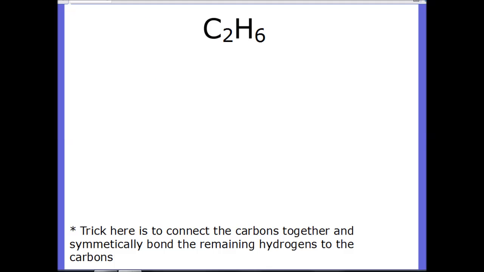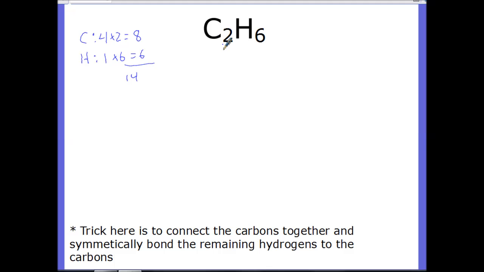So if we have C2H6, I'll pick blue, and let's count the valence electrons. Carbon has 4, and there's 2 of them. That gives me 8. Hydrogen has 1, but there are 6 of them, so that gives me 6. I add that up, and I have 14 valence electrons.